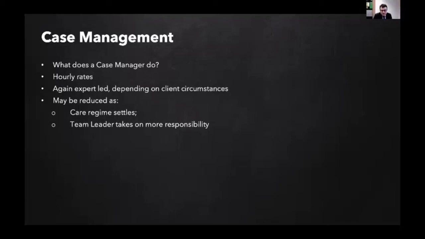Well, in a catastrophic case, a case manager is absolutely instrumental. They will come from a variety of backgrounds. Some will be occupational therapists, some might be physios, some might be nurses, some might be social workers. And they will have experience, if you find the right case manager, of dealing with specific types of injury.